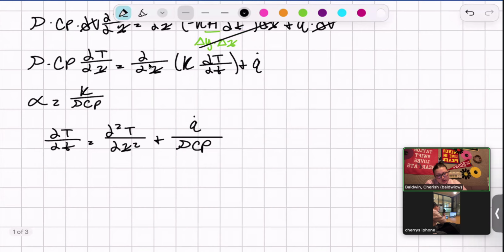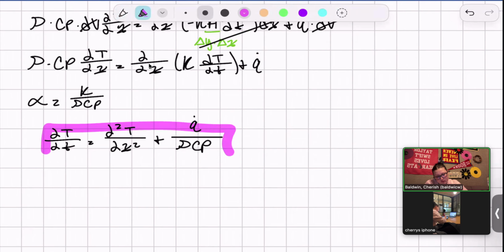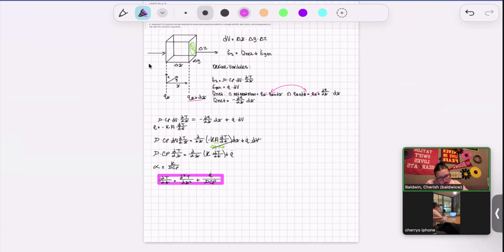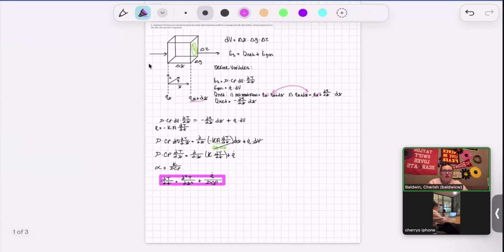All right, so that equation is the three-dimensional heat diffusion equation.